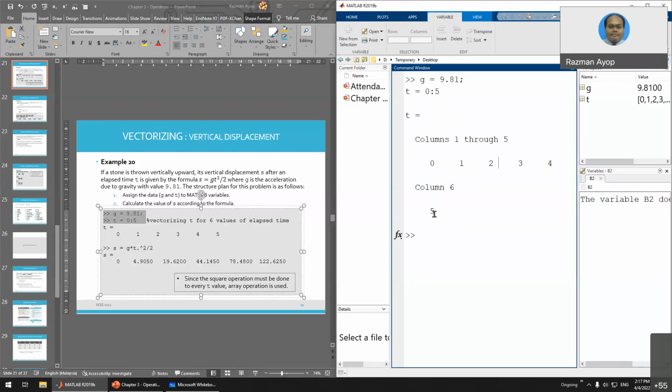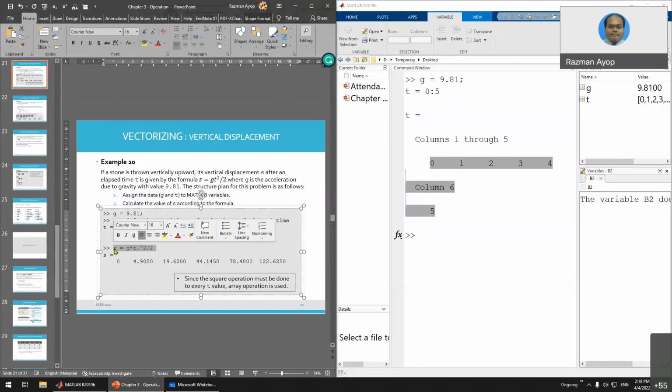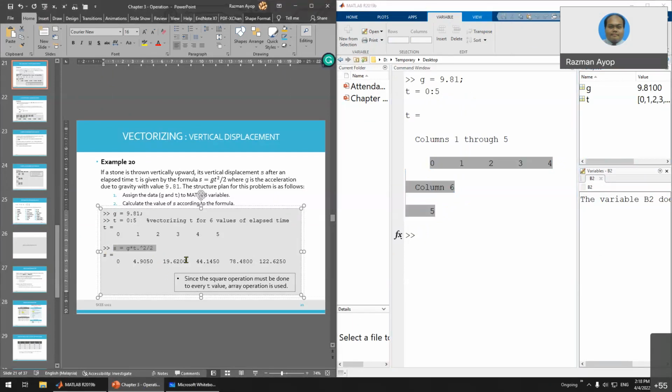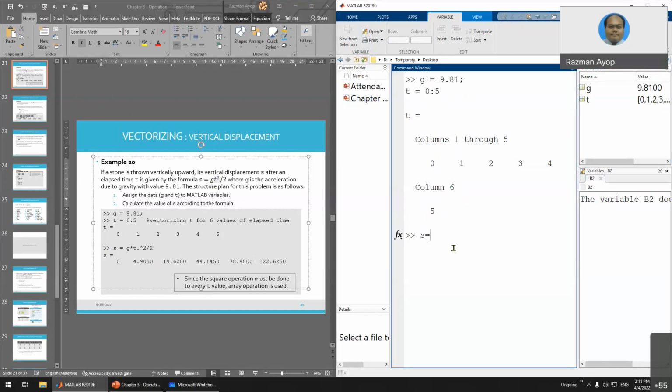Then you insert the formula: S equals G, multiplied by T, and you cannot just use power. Let us look at what happens if you use power directly.